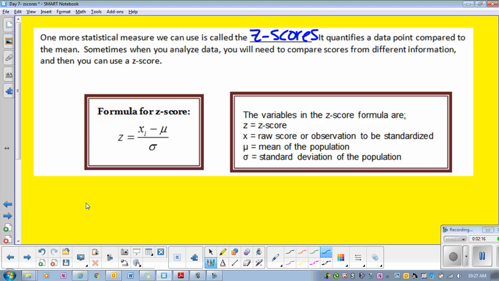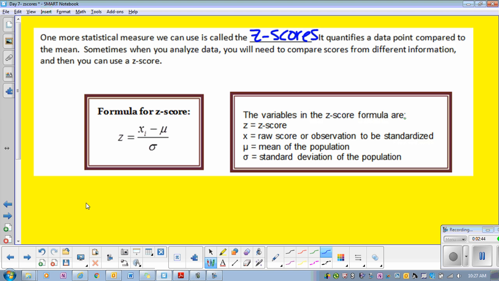Sometimes when we analyze our data, we have to take scores from different things. They're not all the same, so we can't just compare them by looking at them. If we want to compare different information and put them at the same level, then we have to use z-scores.